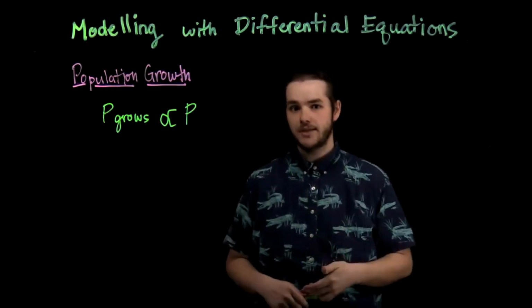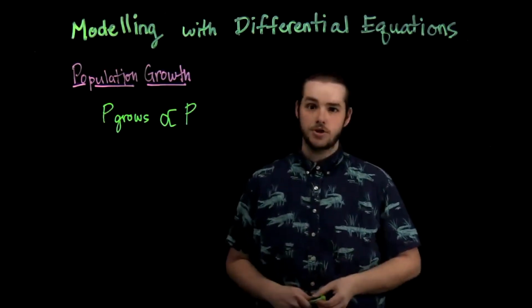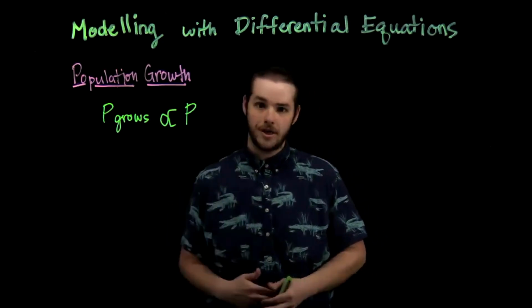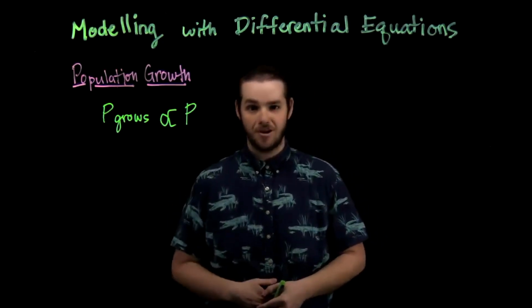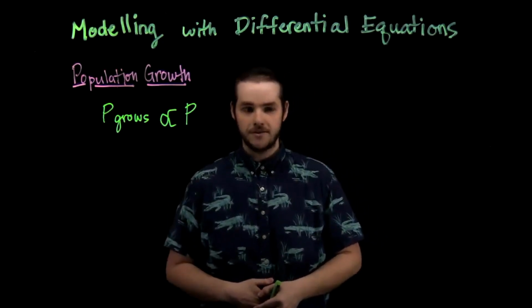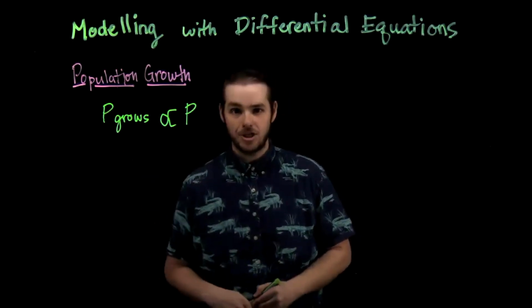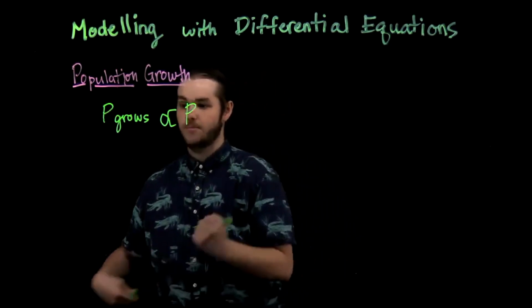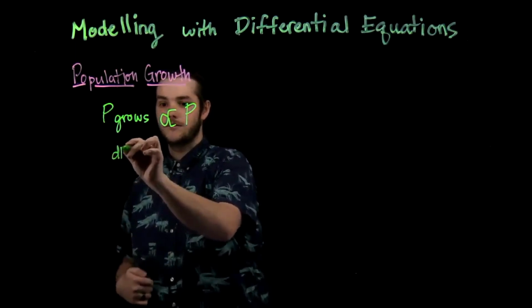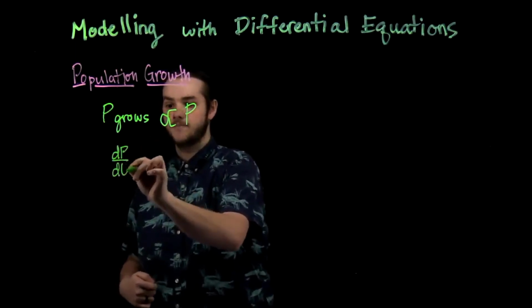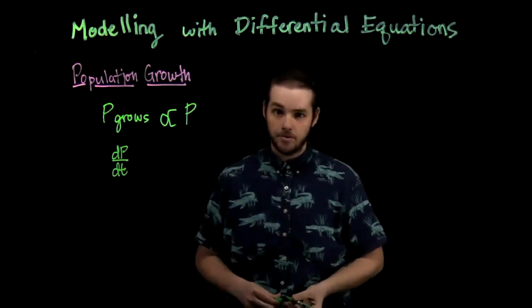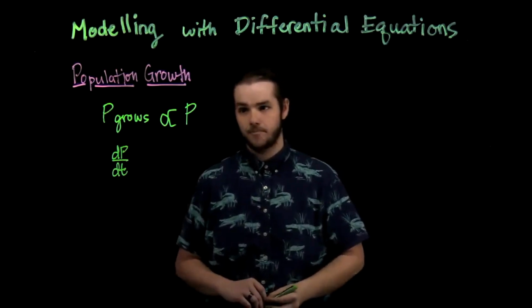And this can be translated into a simple differential equation, because we've learned in our Calculus 1, 2, and 3 classes that derivatives are the language of rates of change. So when I talk about a population growth rate, really what I mean is dP/dt, the derivative of the population with respect to time.